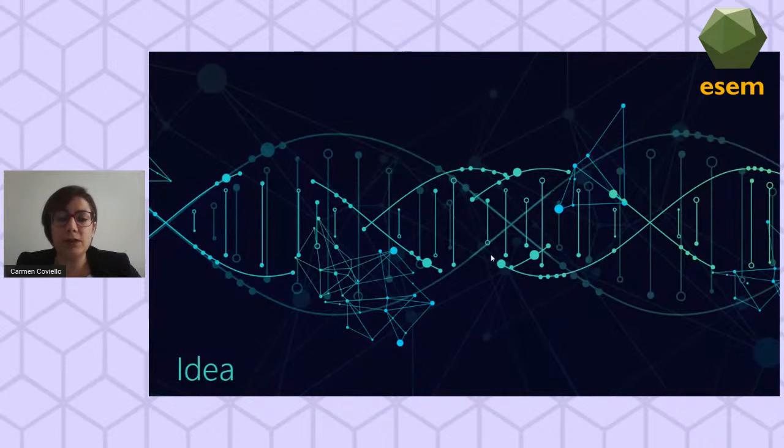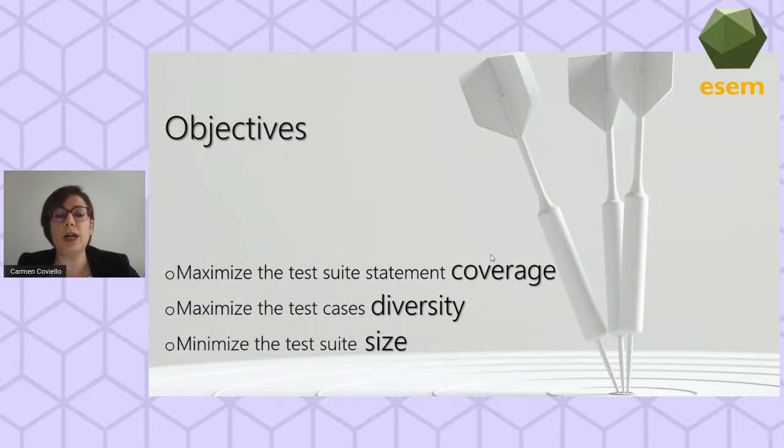Thus, we define Cluster, a new test suite reduction approach based on a multi-objective evolutionary algorithm, namely NSGA-II. It tries to reach 3 objectives at the same time: maximize the test suite statement coverage, maximize the test case diversity, and minimize the test suite size.